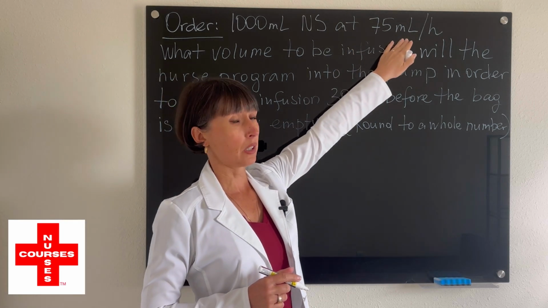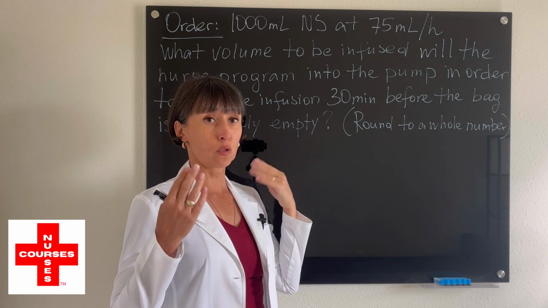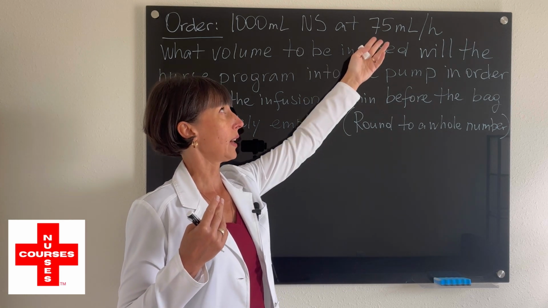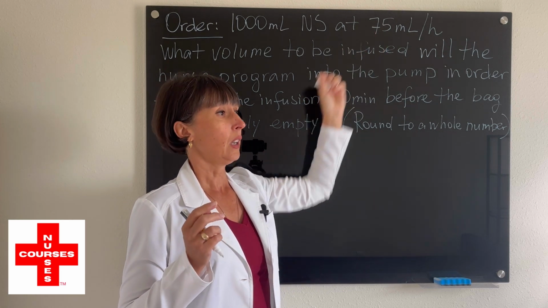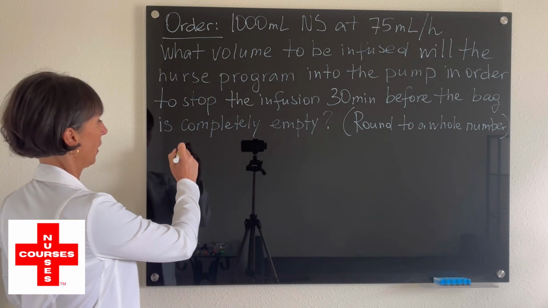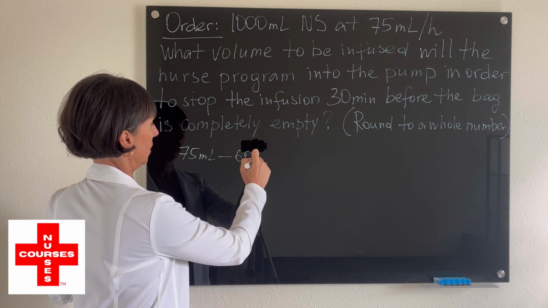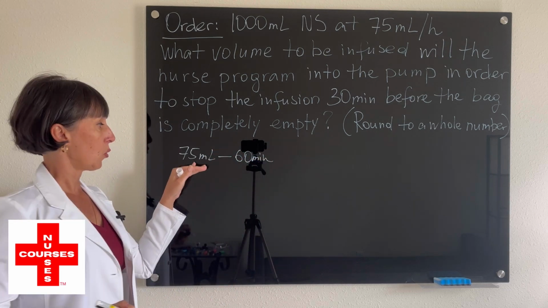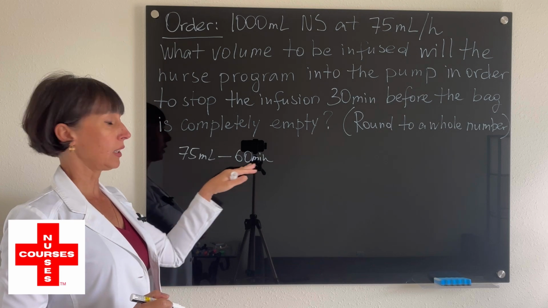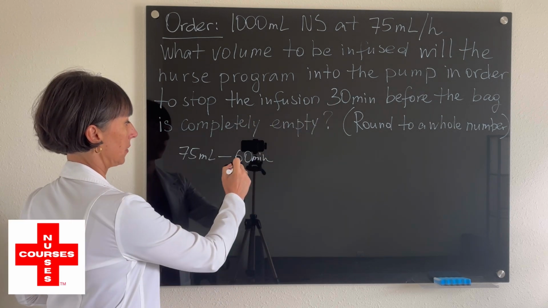If 75 milliliters are going over an hour, what is it per 30 minutes? And if it's intuitive for you and you see that you just divide this by 2, that's great. If it's not intuitive for you, set it up as DKP. I'm going to put 75 milliliters is 60 minutes. I need to find for 30 minutes.